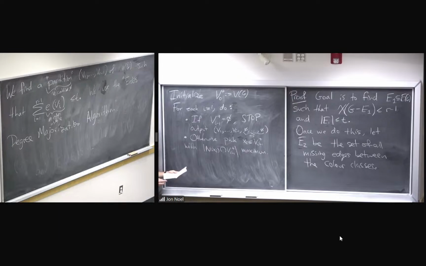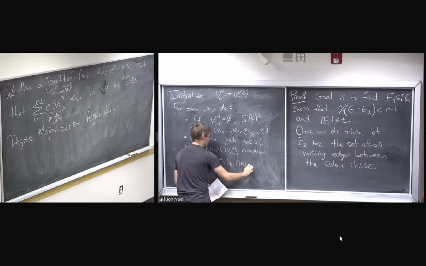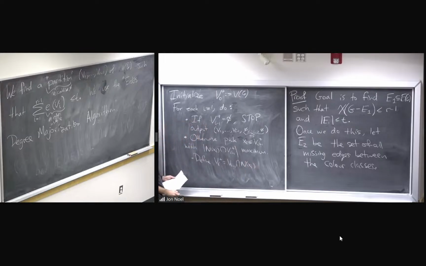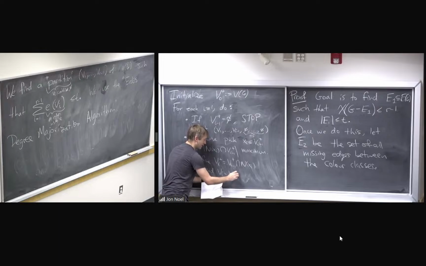Okay. And then define V i plus to be V i minus 1 plus intersect the neighborhood of x i, and V i to be, oh sorry, that should have been a plus. So V i plus is V i minus 1 plus intersection neighborhood of x i, and V i is everything else. So V i minus 1 plus, take away V i plus.